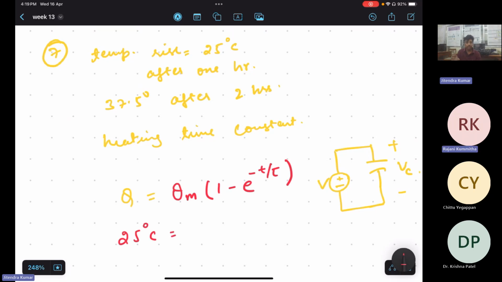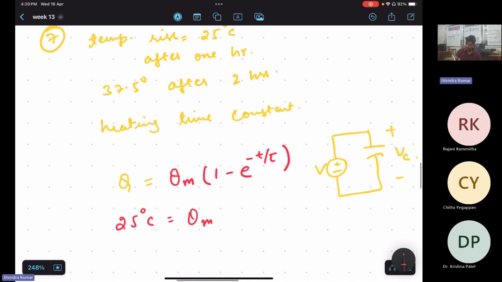Theta maximum we do not know. Let it be theta maximum times 1 minus e raised to power minus t by tau, where t here is 1 hour divided by the time constant. Please remember that we are carrying time in terms of hours, so we might have to change it.